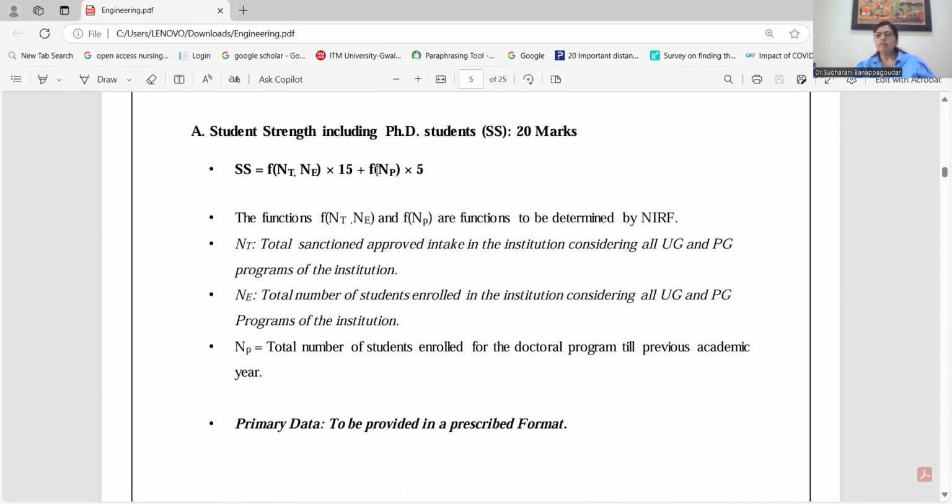In the same way, NP is the enrollment for the doctoral programs. The maximum value of NT and NE would be capped at 1, and if the ratio is greater than 1, it would be normalized to 1. In the same way, for NP it would be 0.2. If NP upon NE is more than 0.2, then again it would be capped at 0.2 for ensuring fairness.